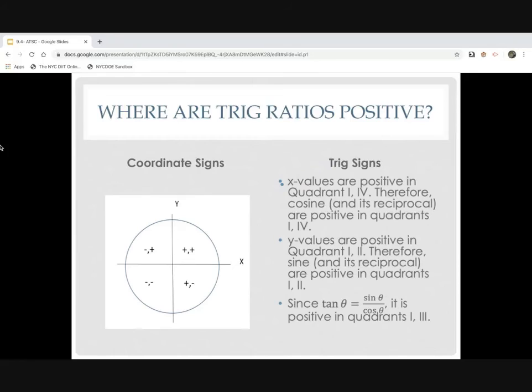However, in the second quadrant, only y is positive, therefore sine and its reciprocal, cosecant, are positive. In the third quadrant, both x and y are negative, therefore tangent of theta will be positive because it is sine divided by cosine, or y divided by x, along with its reciprocal cotangent. They're both positive. In the fourth quadrant, just x is positive, therefore cosine and secant are positive.